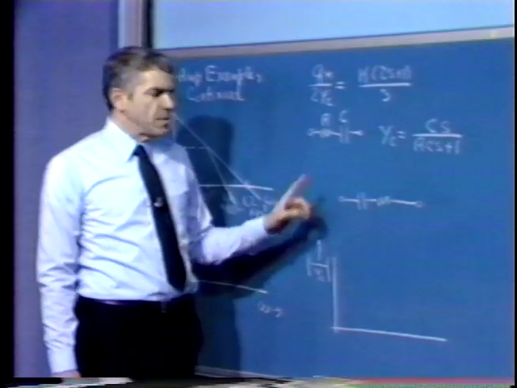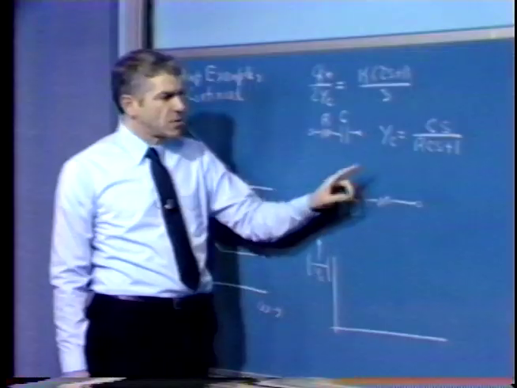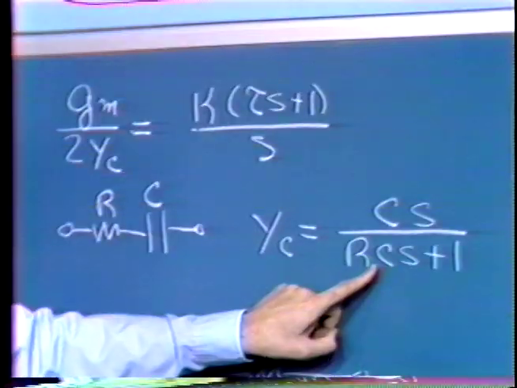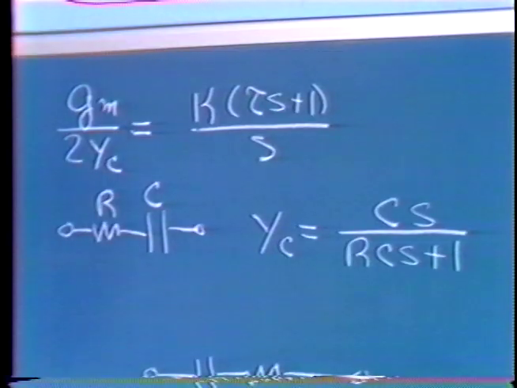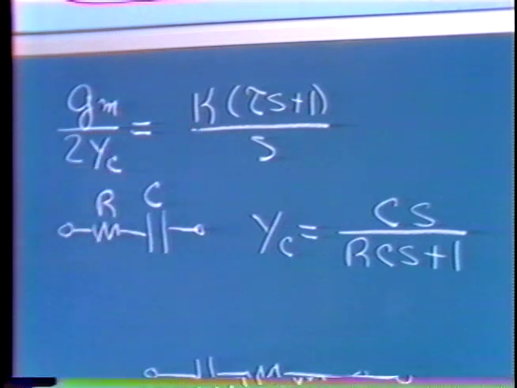If we look at the simple RC connection and write its admittance, we find that the admittance of that network is simply Cs over RCs plus 1. Consequently, G sub m over 2yc has the general form that we'd like.